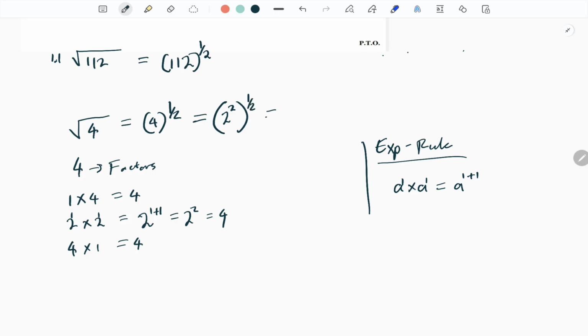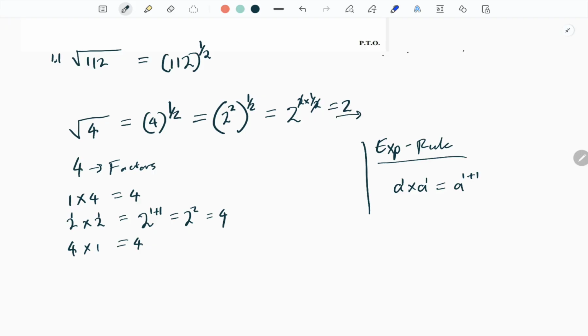Now we can continue and say this is the same as 2, and the base is 2 with this exponent. So the exponent here is 2 times, and there is another exponent, which is a half, so we include it: times 1 over 2. Now with a calculator, you will see that this 2 cancels that 2, and you are left with 2 to the power 1, which is 2.